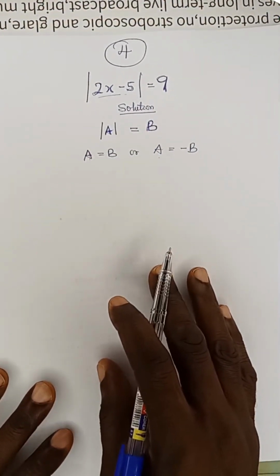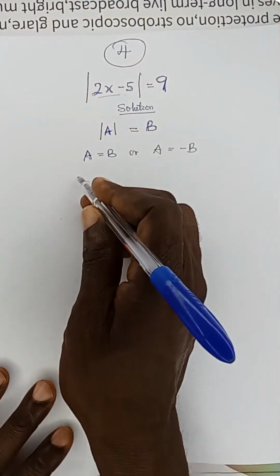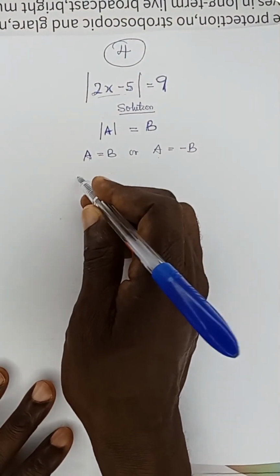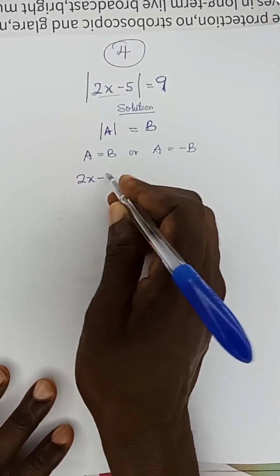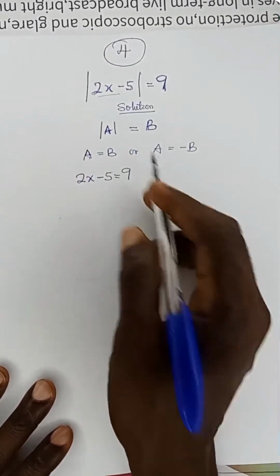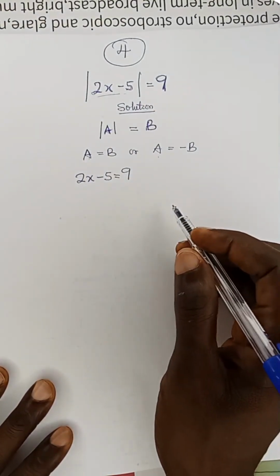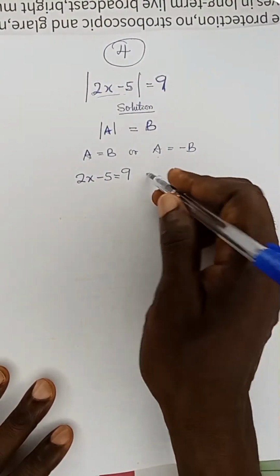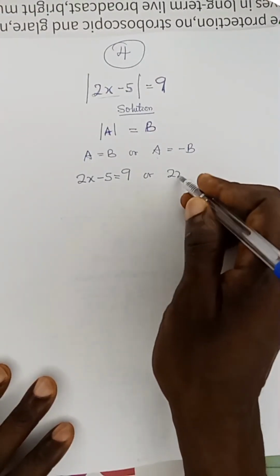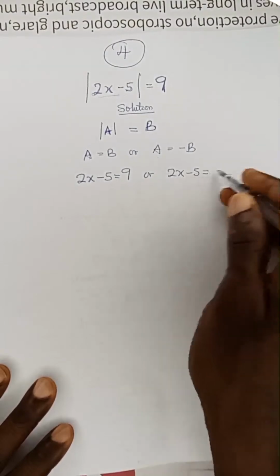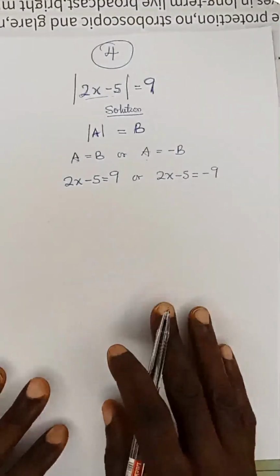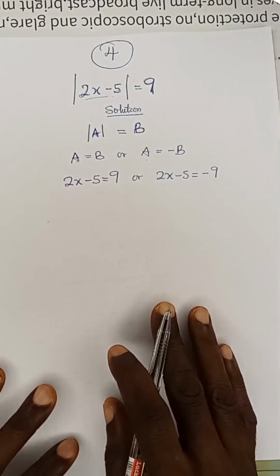Now, let me show you what I'm talking about. The first one, A equals B, will be 2x minus 5 equals 9, or we have 2x minus 5 equals minus 9. So we are solving two equations simultaneously.